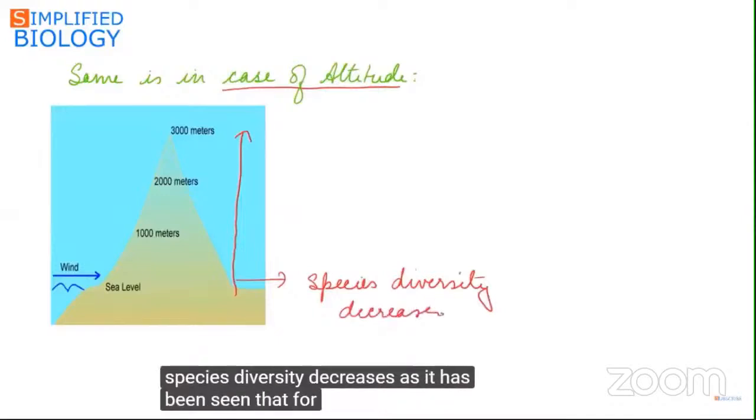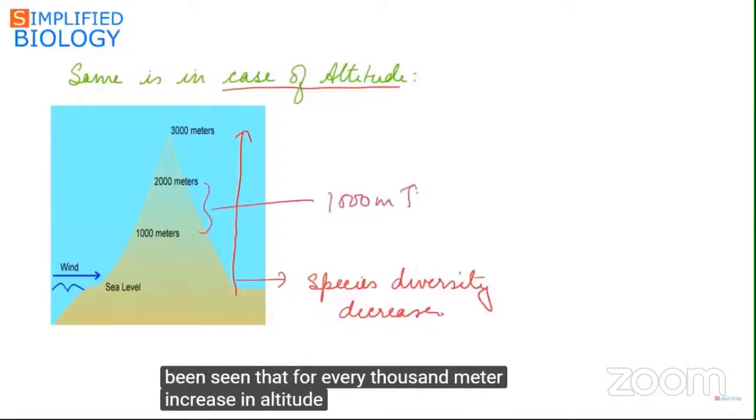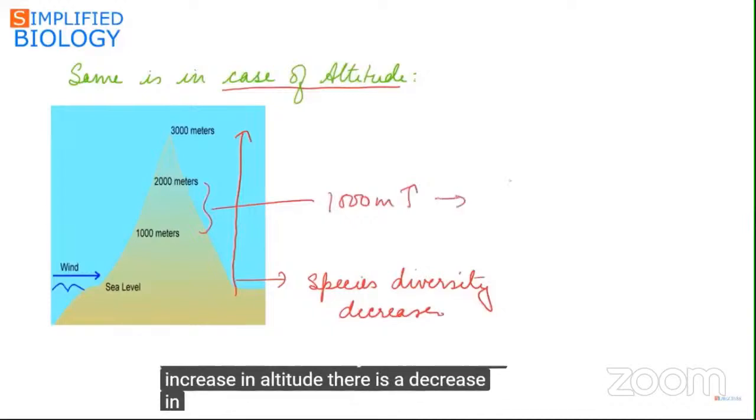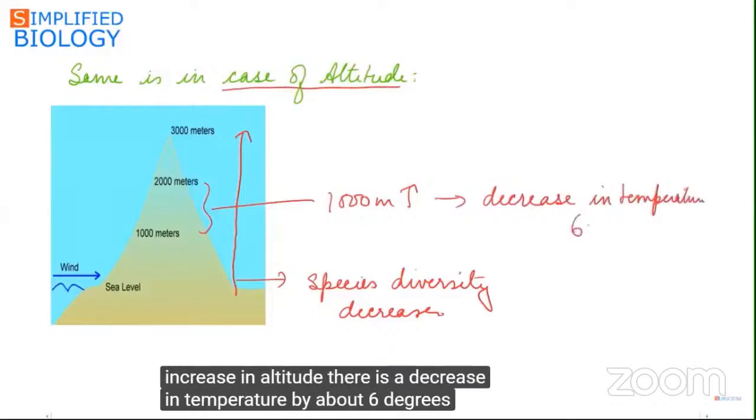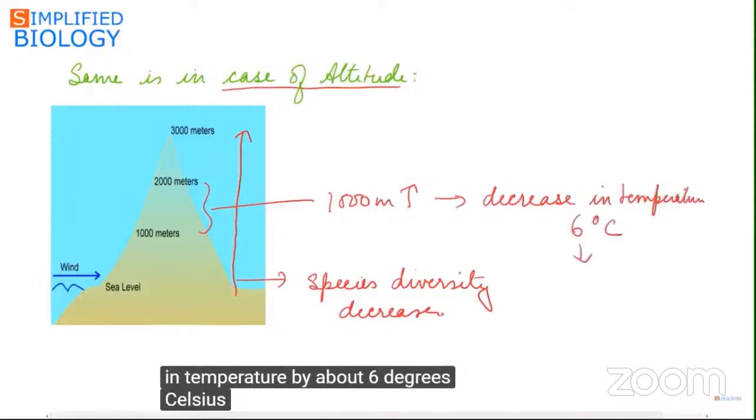As it has been seen that for every 1,000-meter increase in altitude, there is a decrease in temperature by about 6 degrees Celsius.